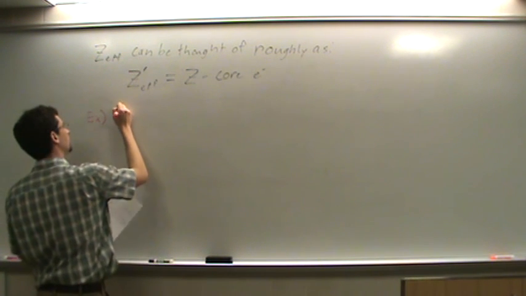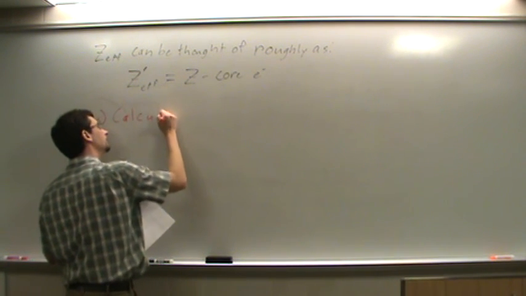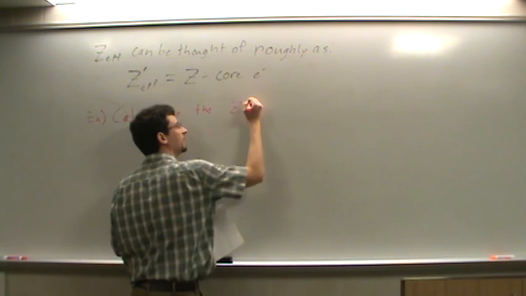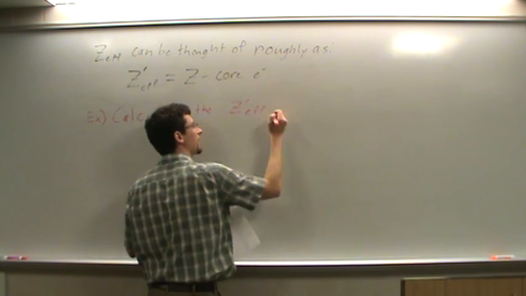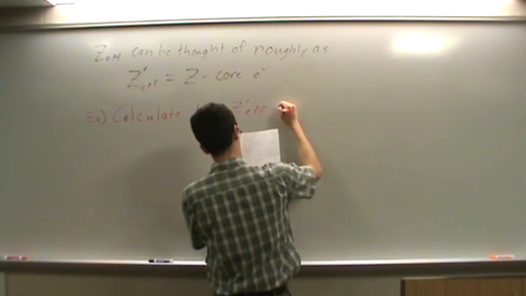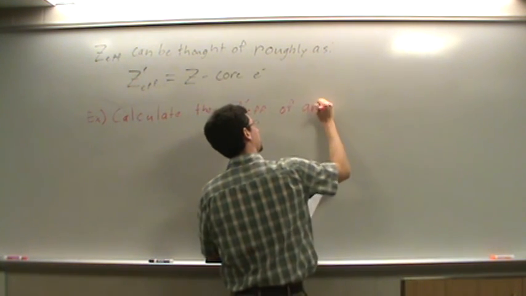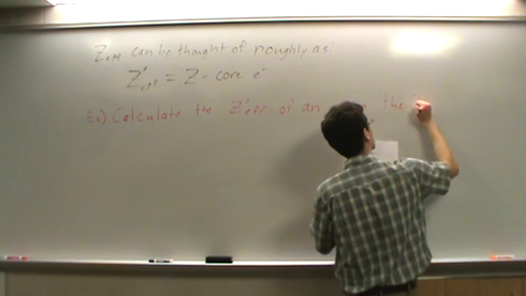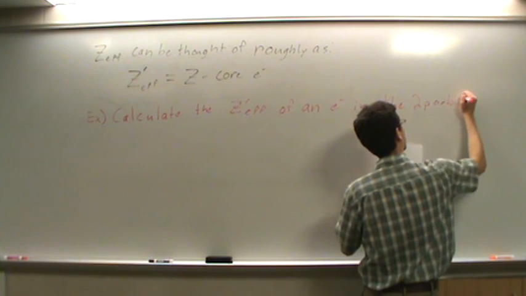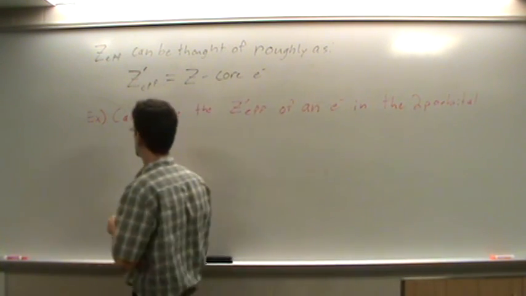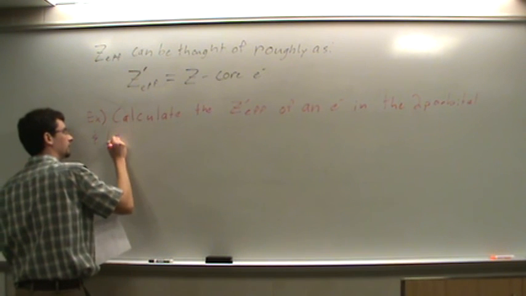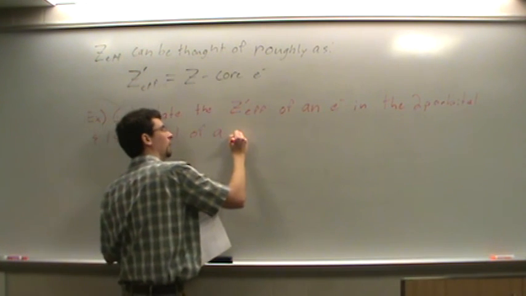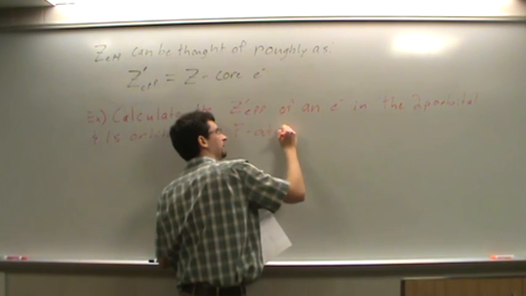Example: calculate the effective nuclear charge, the approximate effective nuclear charge, of an electron in the 2p orbital and 1s orbital of a fluorine atom.